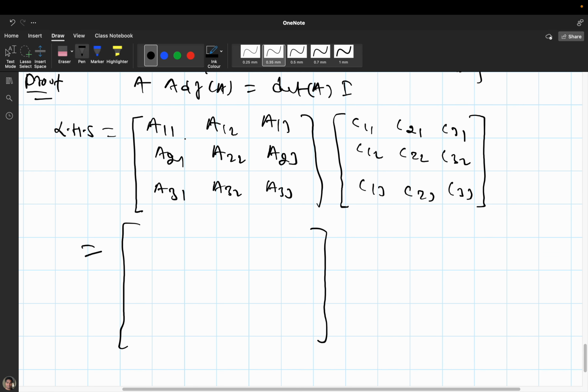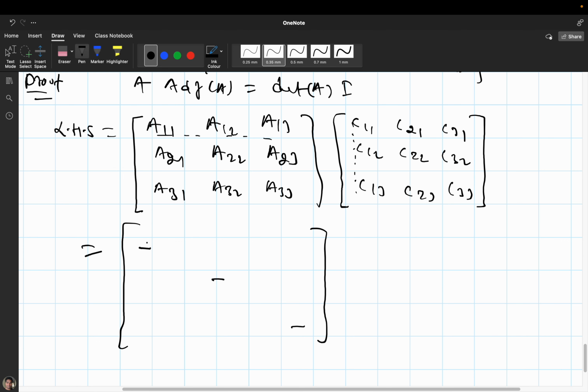This whole row will multiply by this whole column. Then what will be the value? It is nothing but A11 C11, A12 C12, A13 C13.